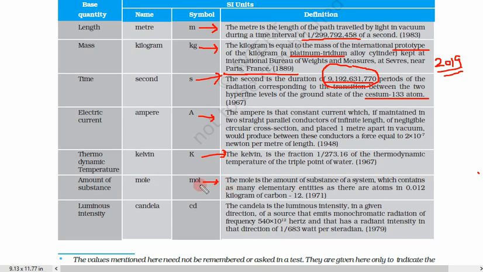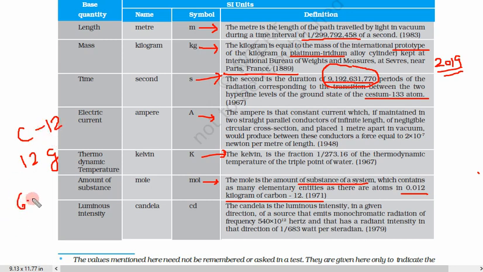What is mole? The mole is amount of substance of a system which contains as many elementary entities as there are in 0.012 kilogram of carbon 12. Suppose we take carbon 12, C12, 12 gram of this, and we start counting how many carbon atoms are there.